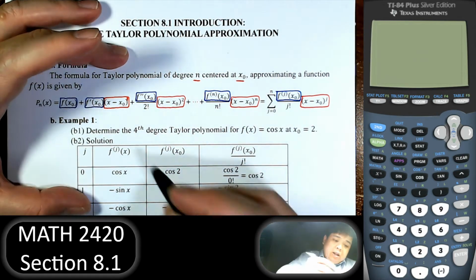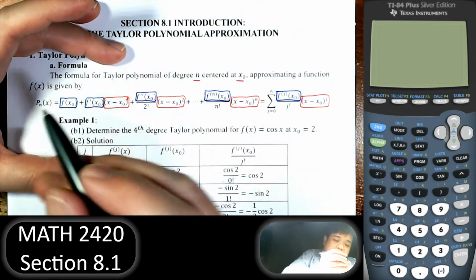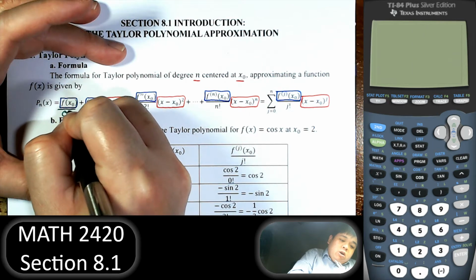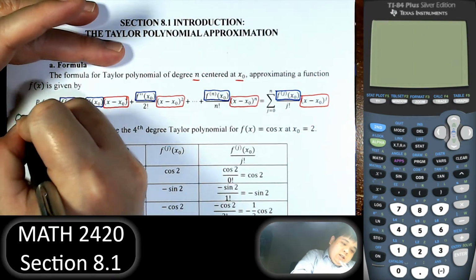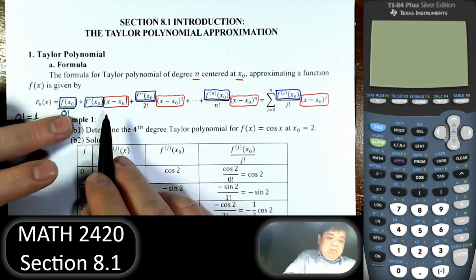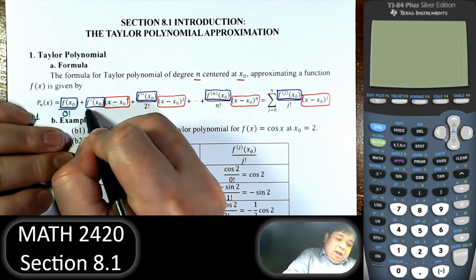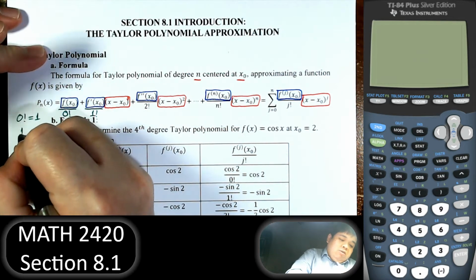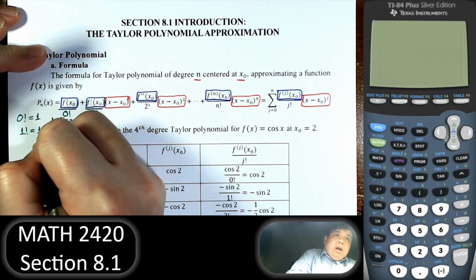And the third one is the factorial. Originally it is divided by 0 factorial, and 0 factorial is equal to 1. So the first one is divided by 1, that's why we don't have anything there. The next one is divided by 1 factorial, which is also 1.